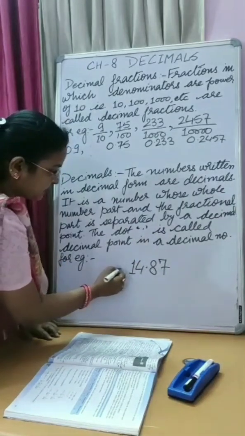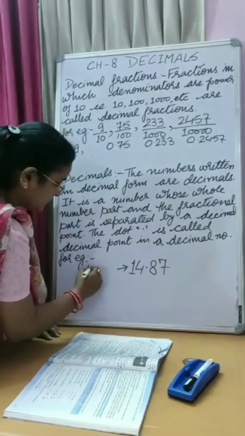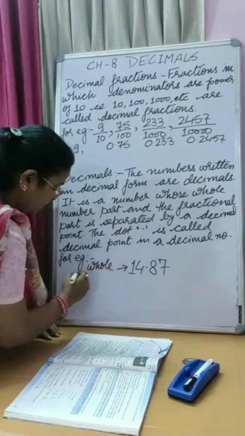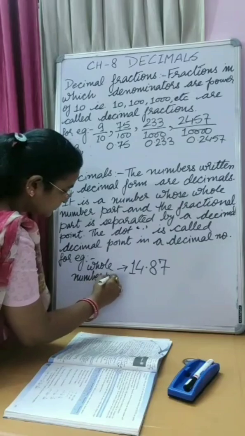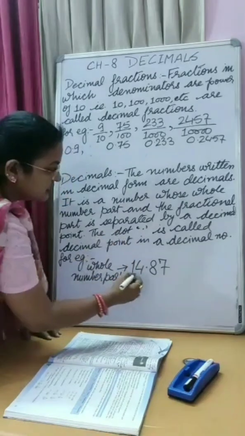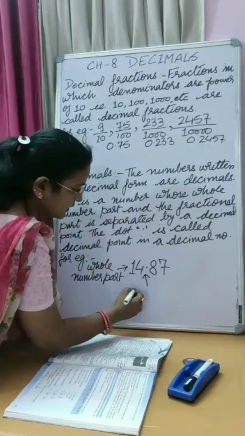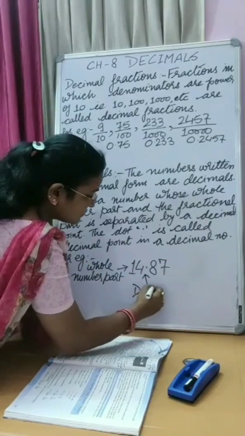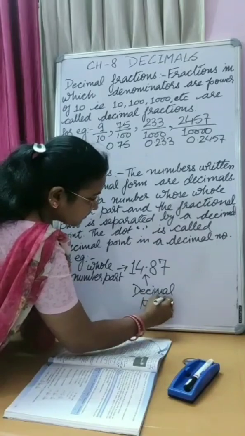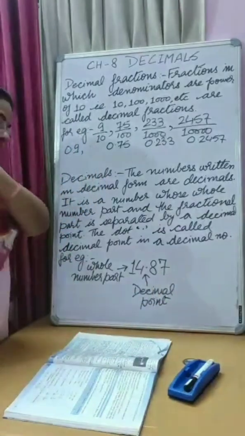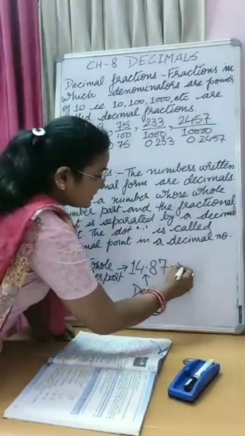So this 14 is the whole number part. This dot is the decimal point. And what is this? 87 after the decimal.